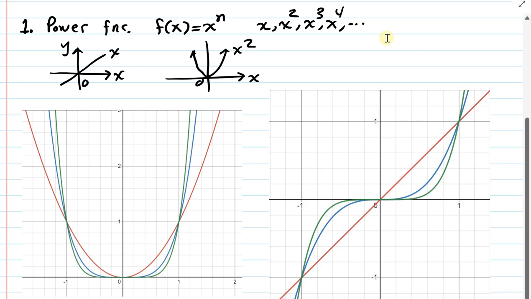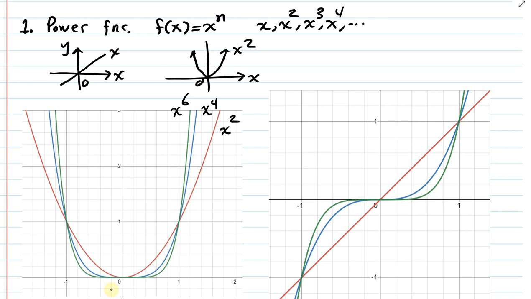The one you're looking at on the left side, the red one, is the graph of y equals x squared. As the exponent increases, so we go from x squared to x to the fourth and x to the sixth, you can see how the right and left branches of the parabola close in.